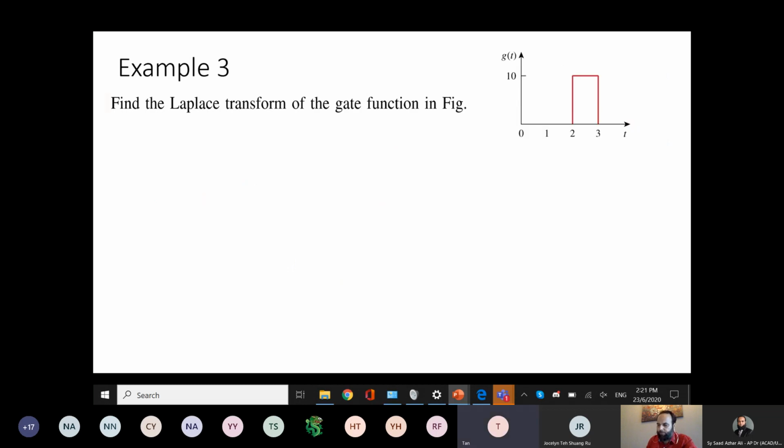Yes. Thank you. Okay, find the Laplace transform of the gate function. Given a mathematical expression, you have to find the Laplace transform. But now we don't have a mathematical expression, we have a signal in terms of x and y axis, a function shown graphically.